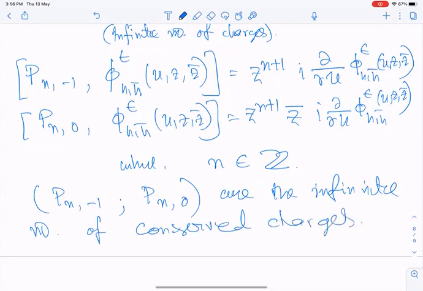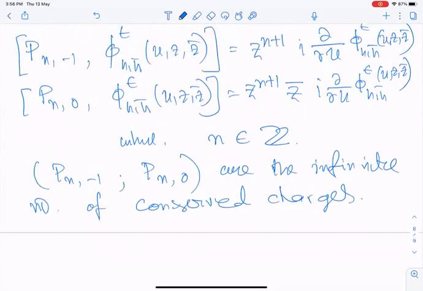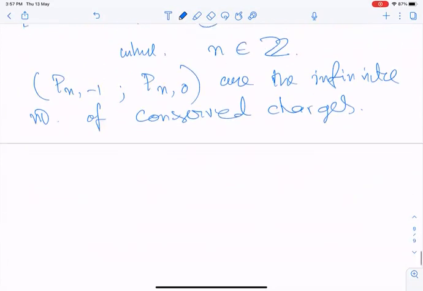Now, what do they generate? This is the commutator, and you can think of this equivalently as acting on u, z, and z bar. The z bar does not change because it is acting with a del u. Similarly in this case, only u changes, but not z bar. So let me write delta n minus 1.